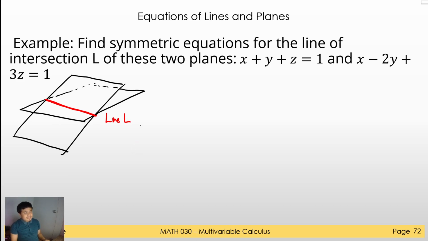So how do we find this line L? We can choose any value first. To describe a line, if you can remember, we need an initial point, which is your r sub 0, and then we should also know the direction, this v.